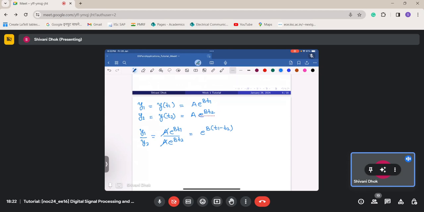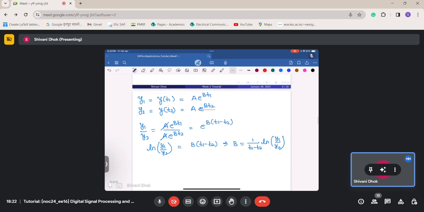So now I can take logarithm on both sides. So I have natural log of y1 by y2 is equal to b times (t1 minus t2), which implies that my b is equal to 1 over (t1 minus t2) into natural log of y1 by y2. So I have the value of this b.